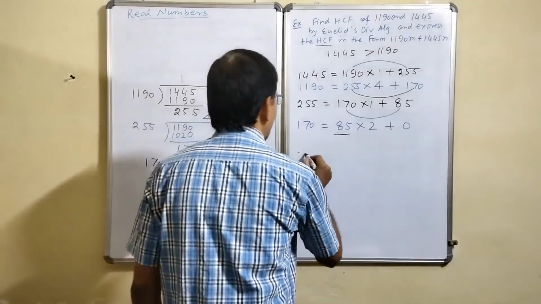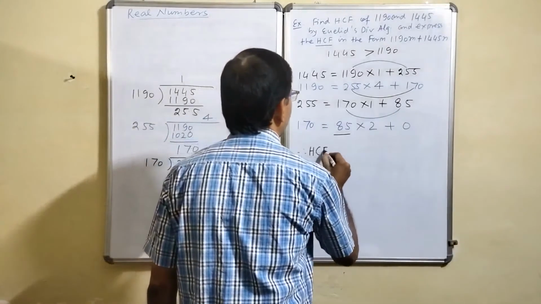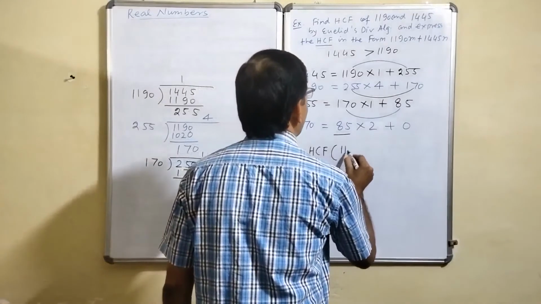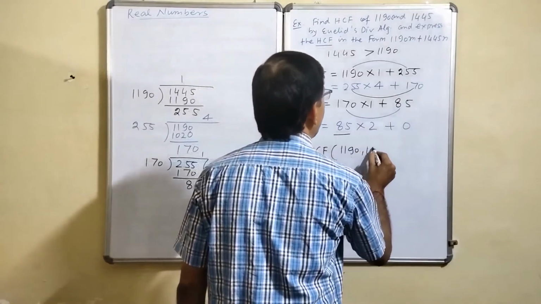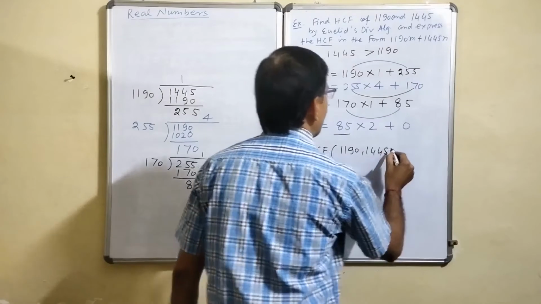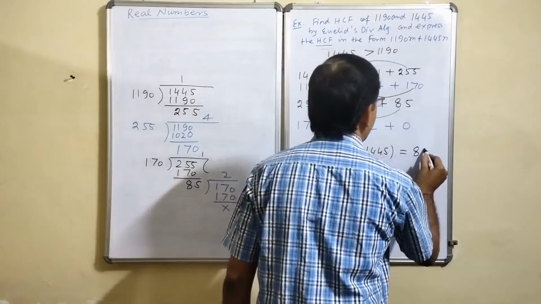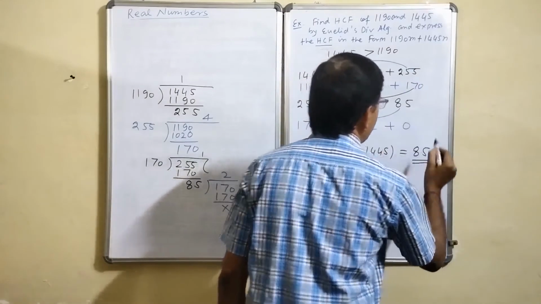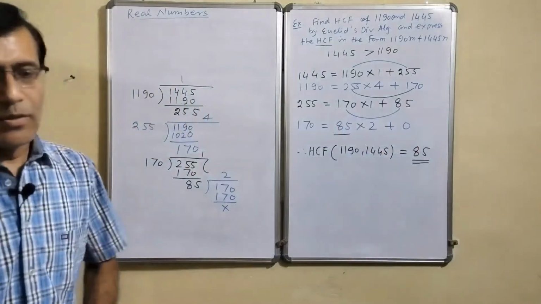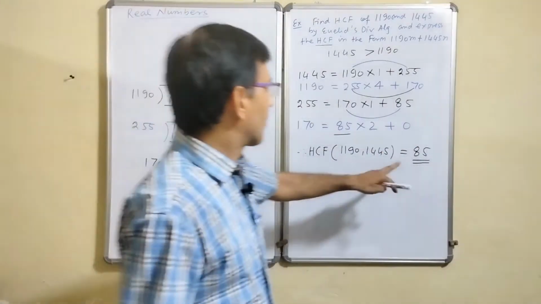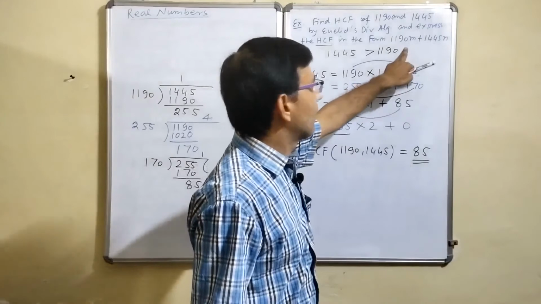So therefore SCF of 1190 and 1445 is nothing but 85. This is the required SCF. Now what we have to do? We have to express this required SCF in the form of this one.